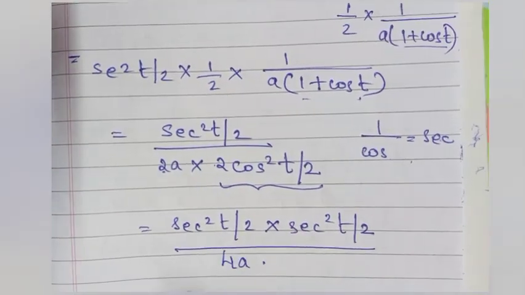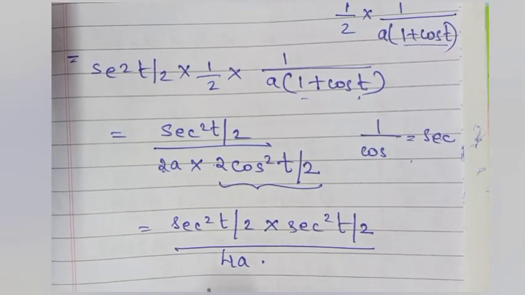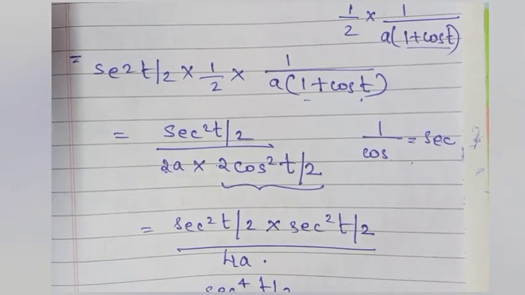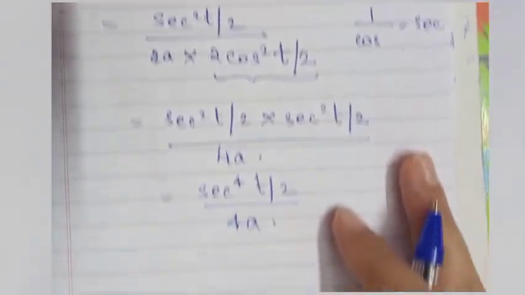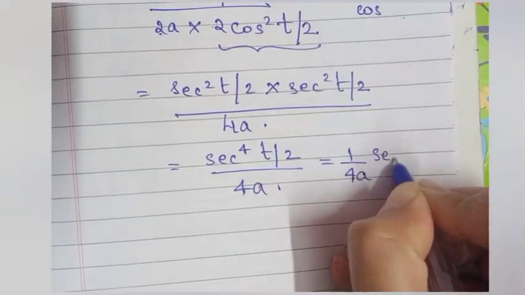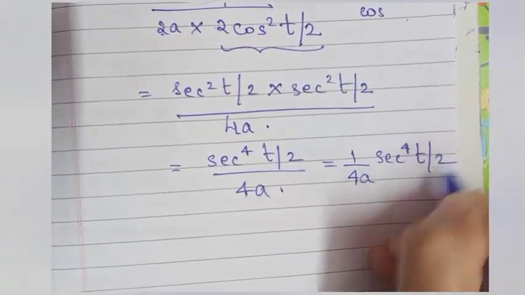So we will get sec raised to 4 t by 2 divided by 4a. This is equal to 1 by 4a sec raised to 4 t by 2, which is the answer.